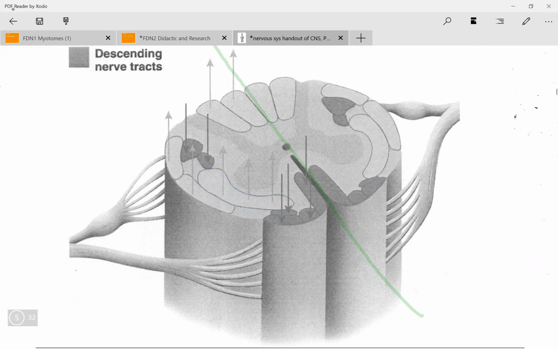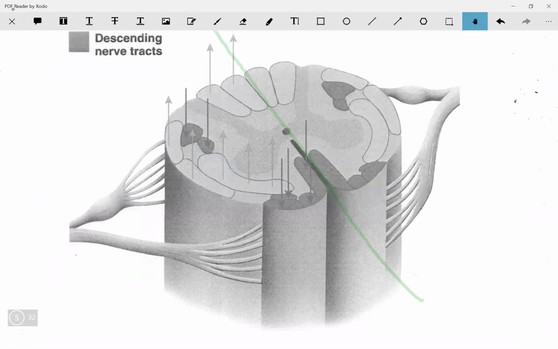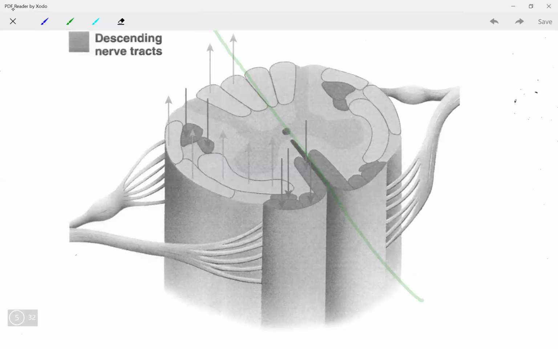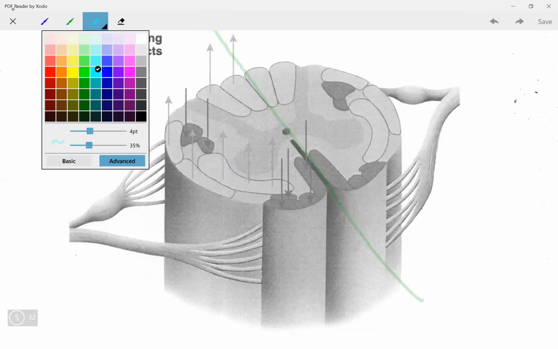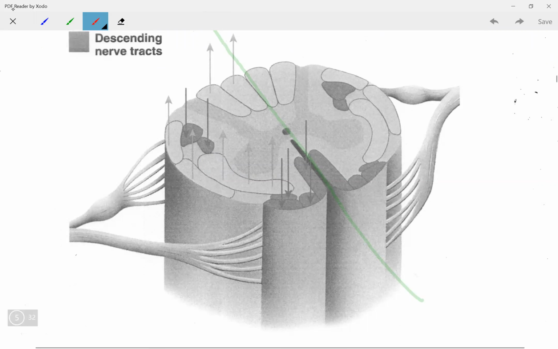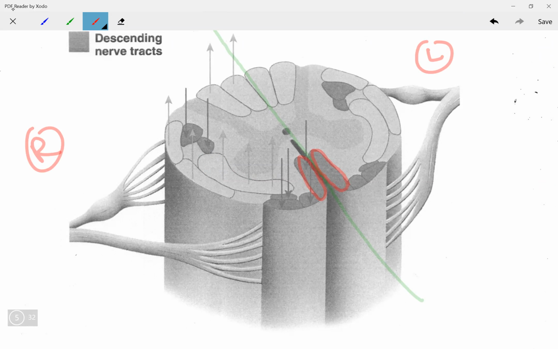Okay. All right, since motor is usually denoted in red, we'll go ahead and mark it in red. All right, so this guy, which is on the left side, and here's the right side, and this guy, they're the same thing, just on the other half of the spinal cord.